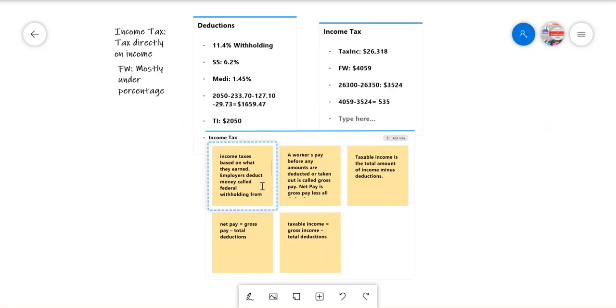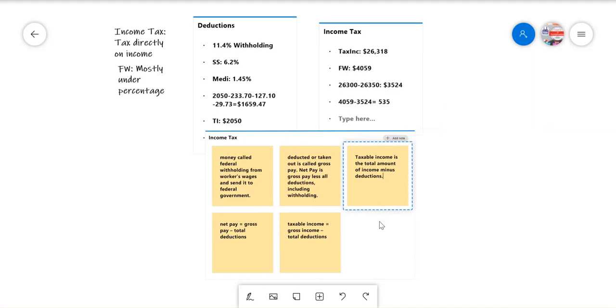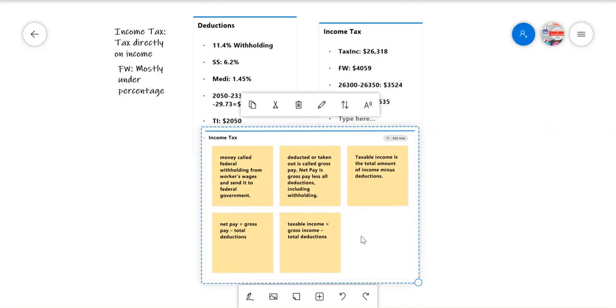Employers deduct money, called federal withholding, from the workers' wages and send it to the federal government. A worker's pay before any amounts are deducted or taken out is called gross pay. Net pay is gross pay minus all deductions, including withholding. Taxable income is the total amount of income minus deductions. So as you can see here, the formula for net pay and taxable income are seen here.